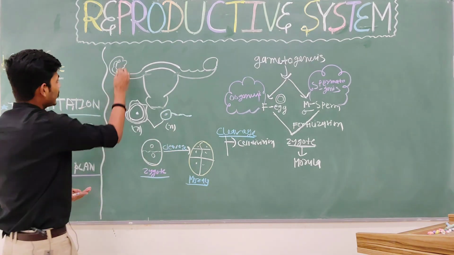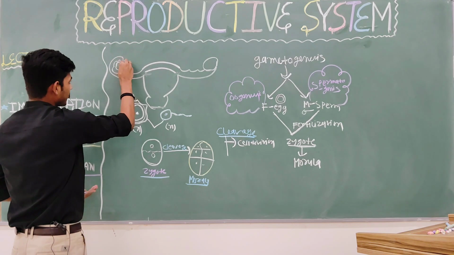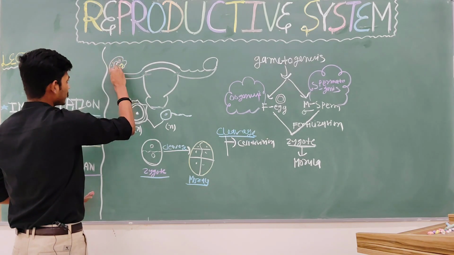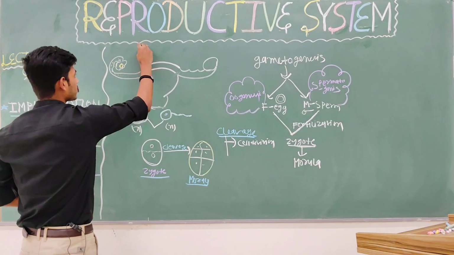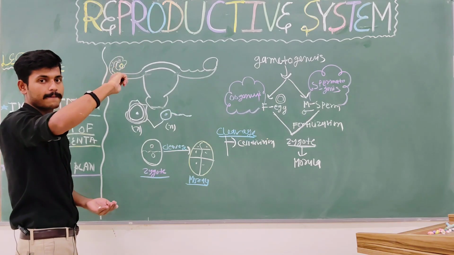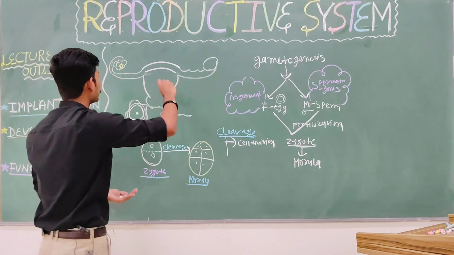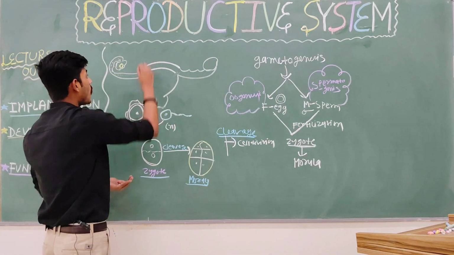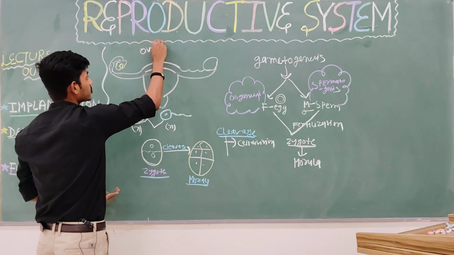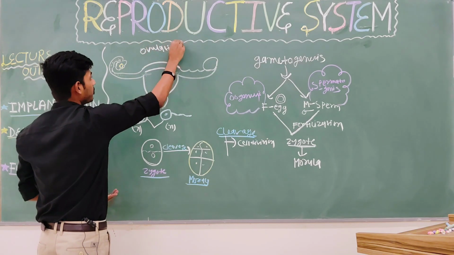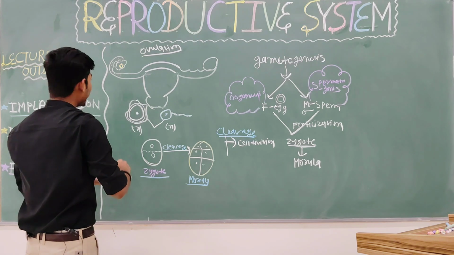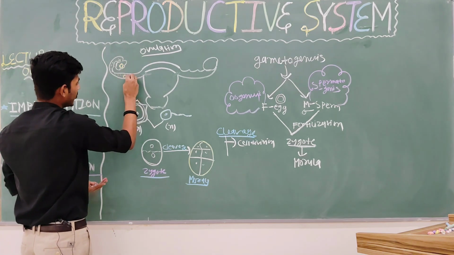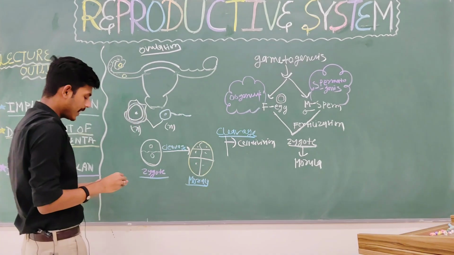What is happening? The egg which is present here is released during which phase of the menstrual cycle? Ovulatory phase. Very good. It's ovulation, a golden, fertile time period during which the egg is released and comes into the ampullary region.